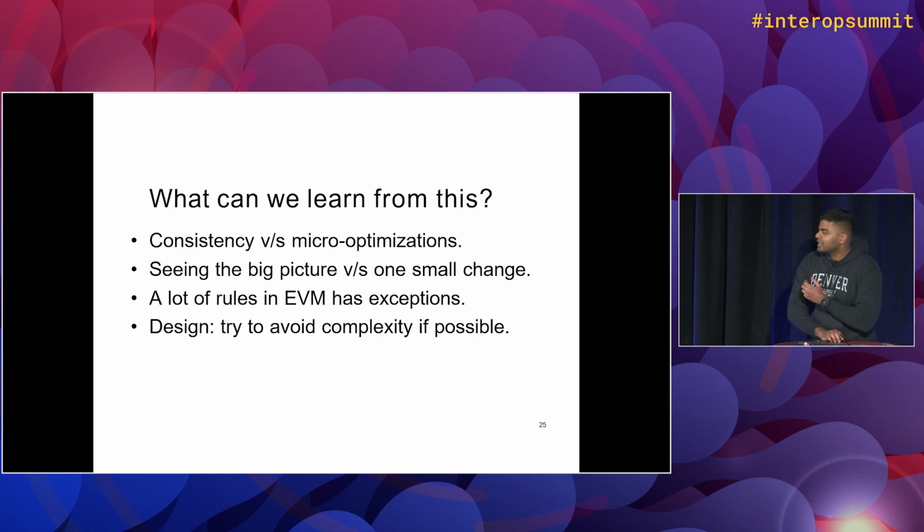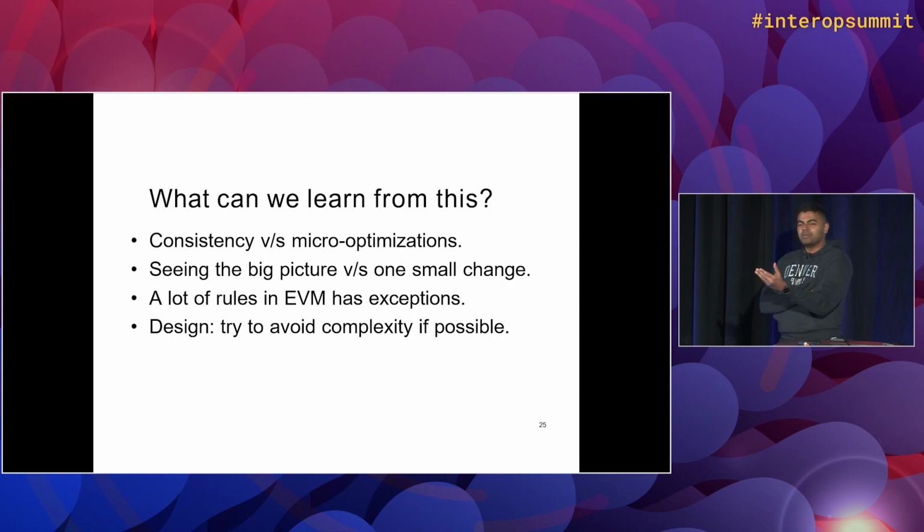So what can we really learn from everything I mentioned before? About the returndatacopy, we learned that initially the proposal was just to have it the same as every other instruction. But we wanted to introduce this small micro optimization where it's very rare to actually have an out of bounds access, so we might as well just revert.